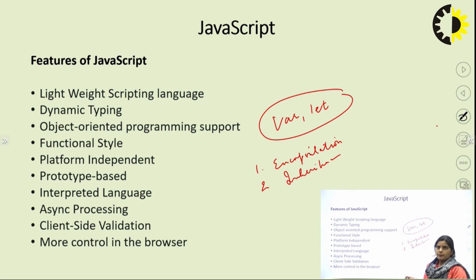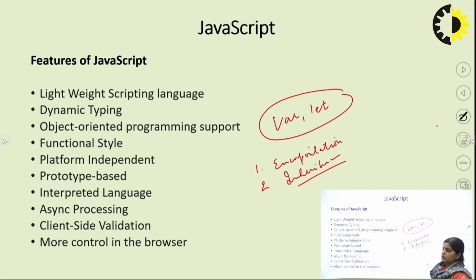The first one is encapsulation, in which we use object creation patterns, and the second one is inheritance, in which we use code reuse patterns. Basically these two features can be implemented by JavaScript.